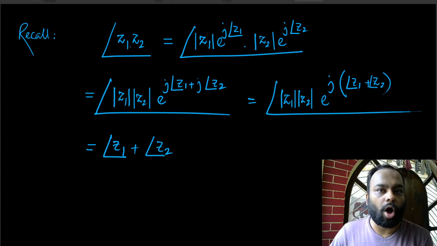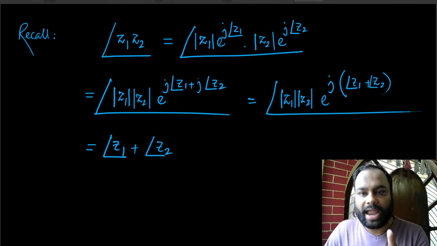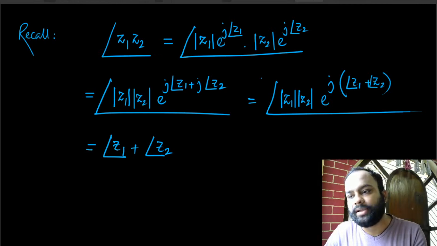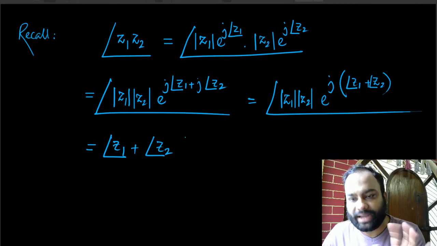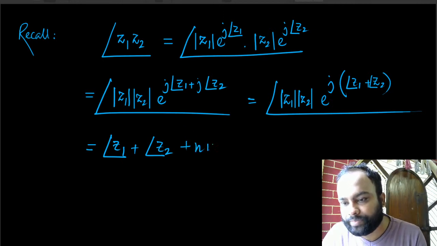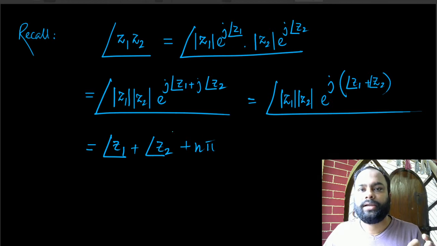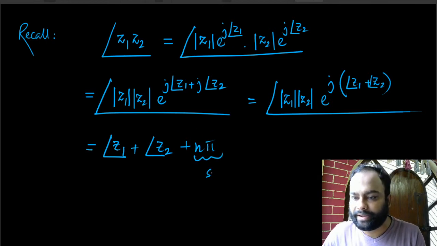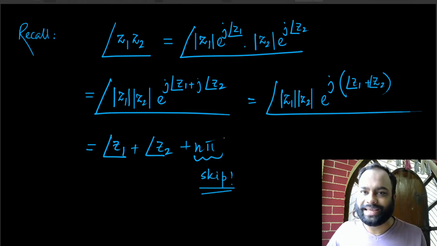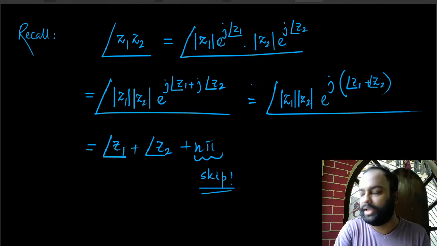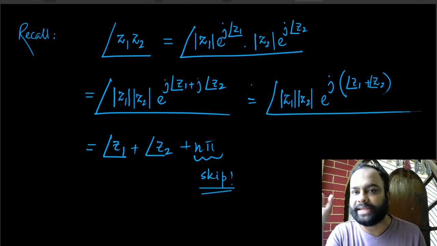So if I have two complex numbers multiplied and I want to figure out the angle or argument of that, then the argument would be the sum of the individual arguments. But again, there is plus n pi here, and there is a reason for that, but we are skipping it for this particular scenario. The plus n pi is just to keep the angle inside the principal argument range of tan inverse.